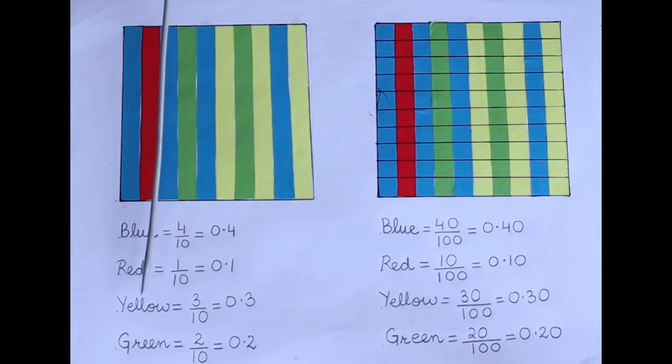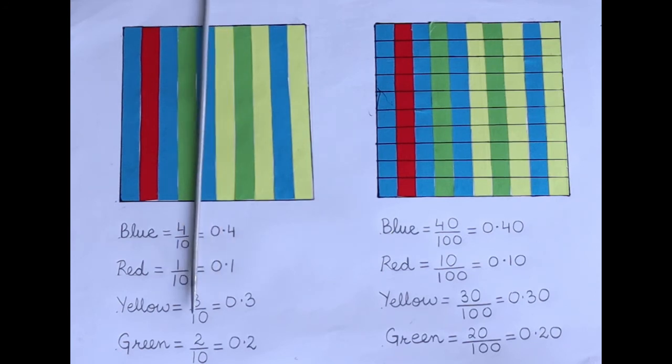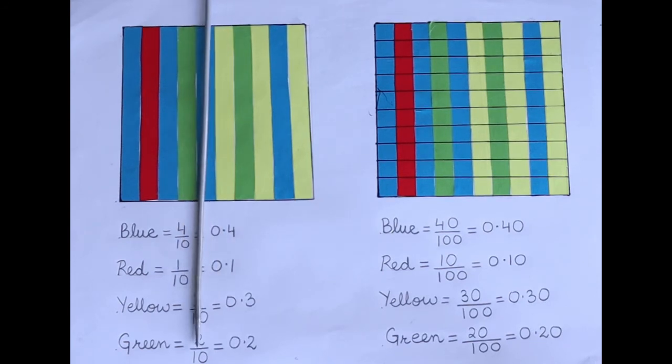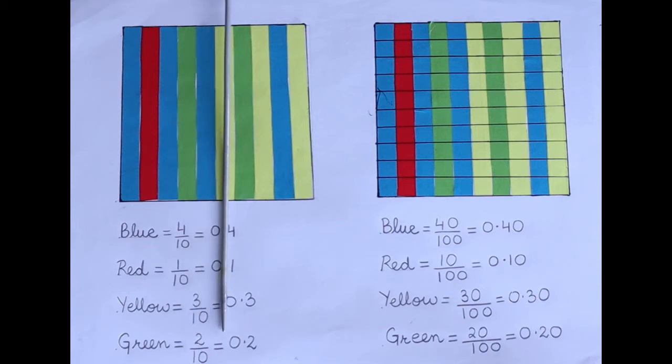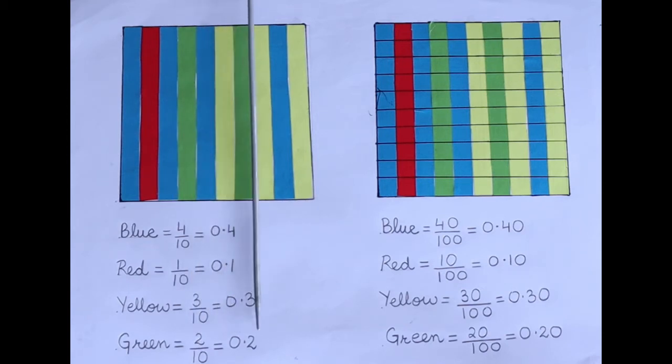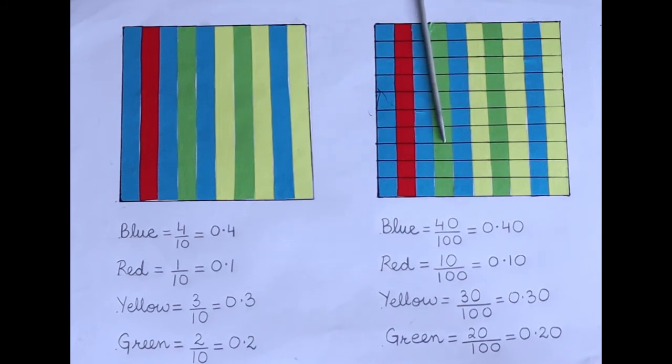And same is the case for green. Here we have two strips out of 10 equal strips. We have two strips of green. So the fraction for green is 2 upon 10 and the decimal equivalent is 0.2. Here we have 20 boxes of green out of the 100 equal boxes.